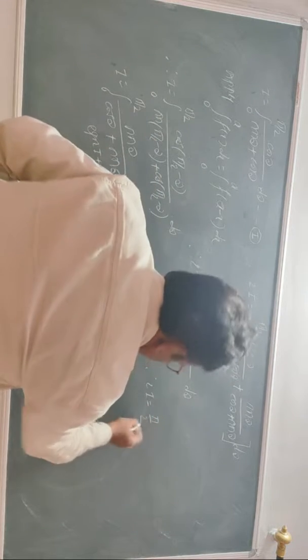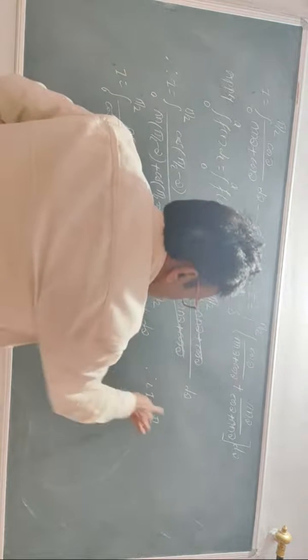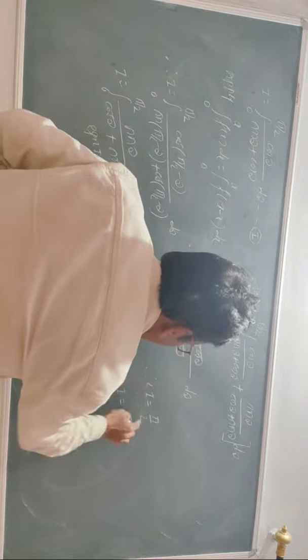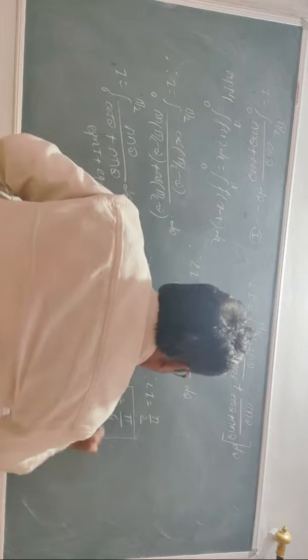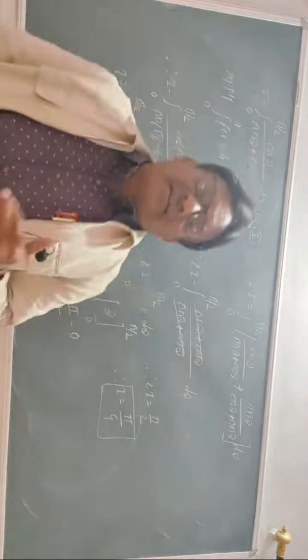Therefore 2I is equal to pi by 2 minus 0, so pi by 2. Therefore I is equal to pi upon 2 into 2, that is pi by 4, and this is the required solution of the given definite integration.